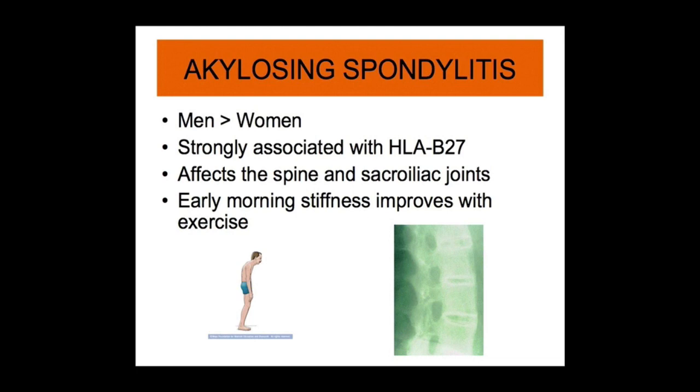Ankylosing spondylitis classically affects the spine and the sacroiliac joints. It starts with inflammation in these areas, and then we start to get fusion of the joint spaces. In the vertebral bodies, as shown here in the bottom right, you'll start to get extra-articular bony growths, which cause the bones to fuse together. This will cause stiffness in the back in the early morning, which will also improve with exercise.